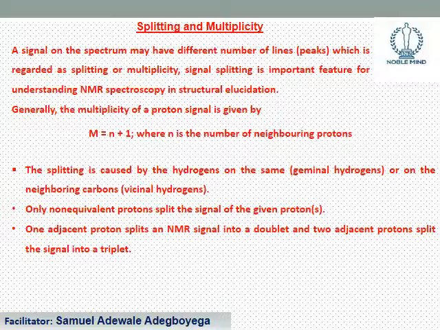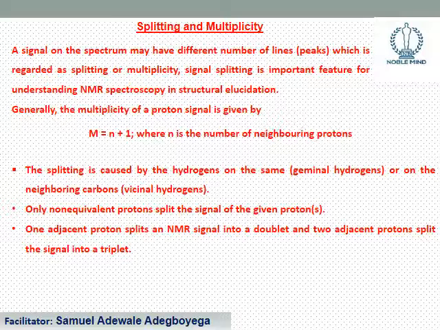Signal splitting is an important feature in understanding NMR spectroscopy, in structural elucidation. So generally we have a formula to represent the multiplicity of a proton signal, which is given by m equals n plus 1, where n is the number of neighboring protons.